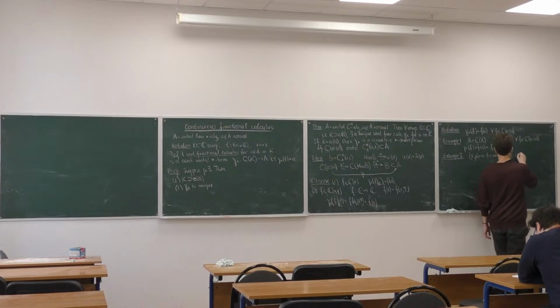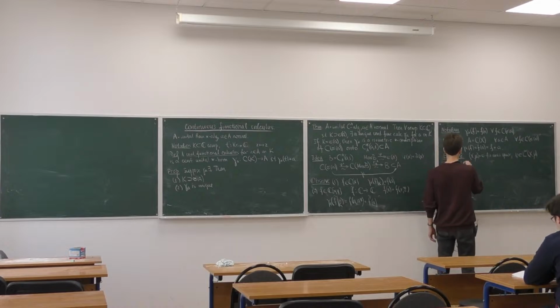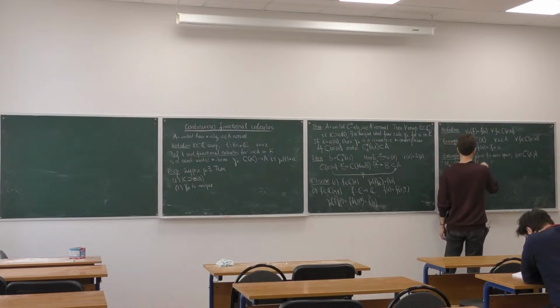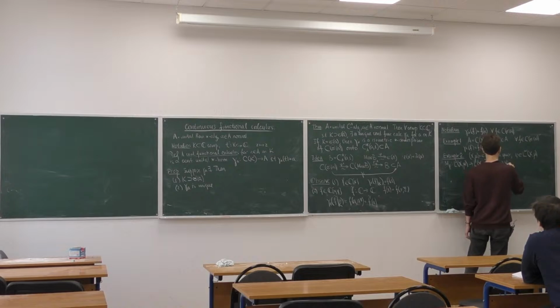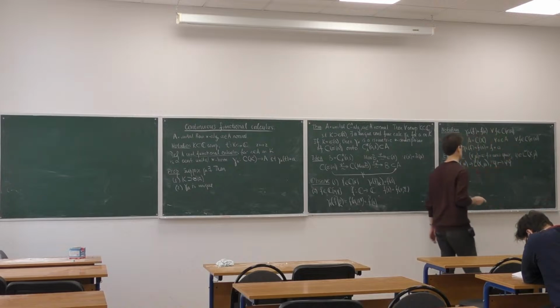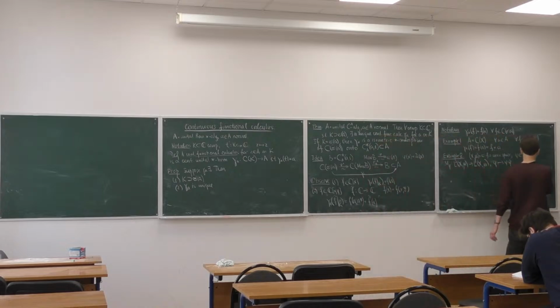We take an essentially bounded measurable function phi on X, and we consider the multiplication operator M phi, which acts on L2 by the following simple formula. It takes every function psi to the pointwise product of phi and psi. So in this case, our algebra A is the algebra of bounded operators on L2.